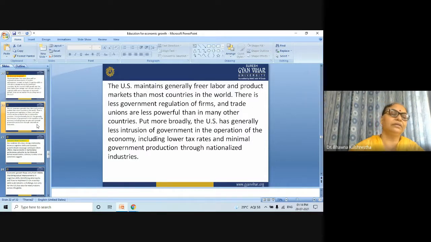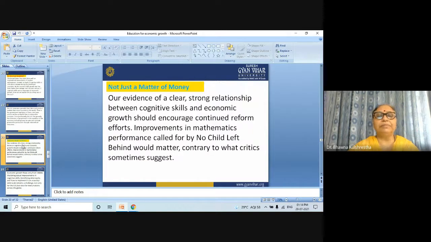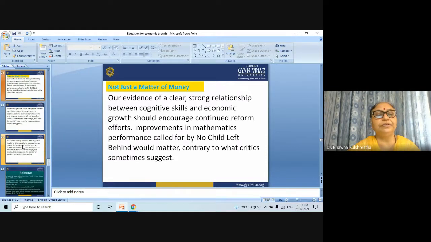And now, is it just a matter of money? Our evidence of a clear, strong relationship between cognitive skills and economic growth should encourage continued reform efforts.